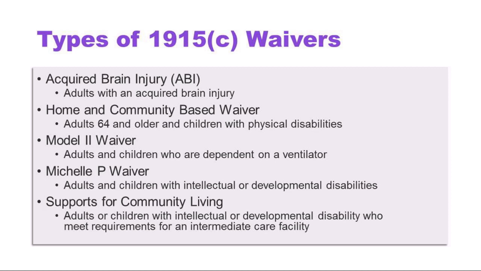These waivers allow people who would otherwise need nursing home care to remain in their homes. Most application assisters are not trained to complete the waiver portion of the Benefind application. Clients can go to their local Department for Community-Based Services office or their local area agency on aging to apply for 1915C waivers.